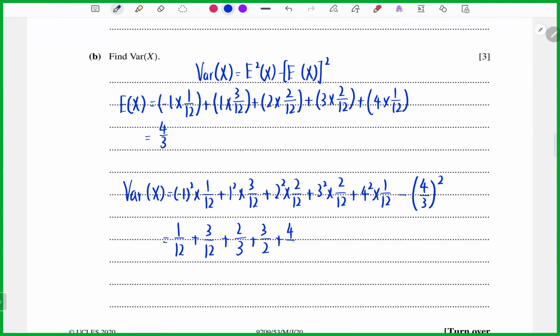So 4 over 3, minus, squared. So you can use the calculator. You will get the answer here is 37 over 18, or you also can write in decimal places, 2.06. So this is your answer for question 4.